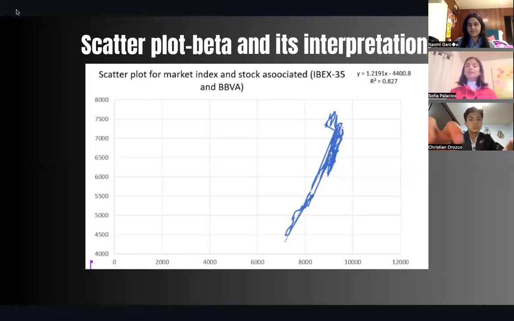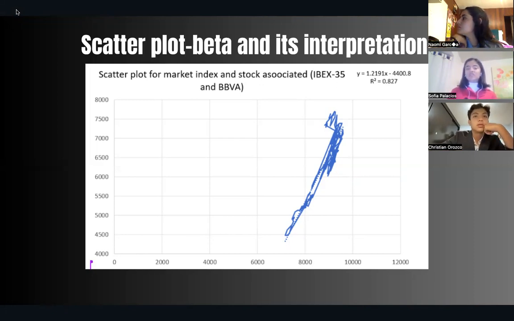Now let's talk about the scatter plot, beta, and its interpretation. First of all, we used the data from both columns regarding the daily performance of the market index and its associated stock to create a scatter plot, taking IBEX 35 as X and BBVA as Y. After creating the graph, we used Excel functions to add its trend line, its equation, and its R squared value.